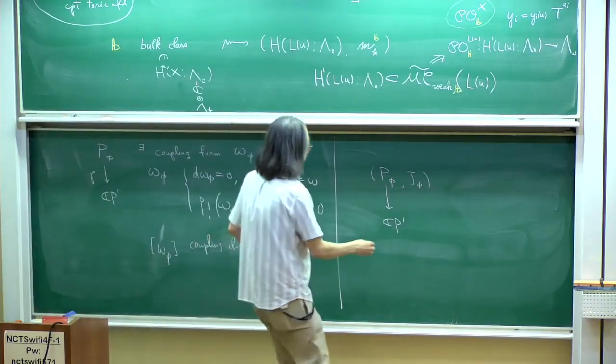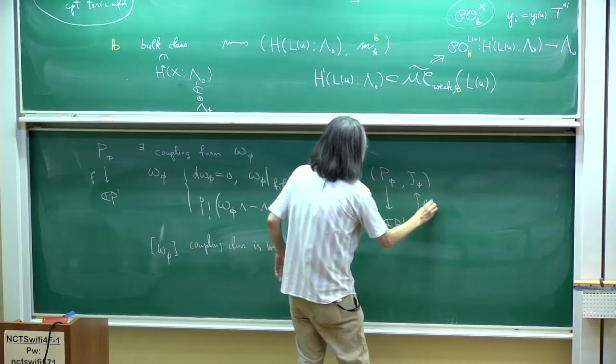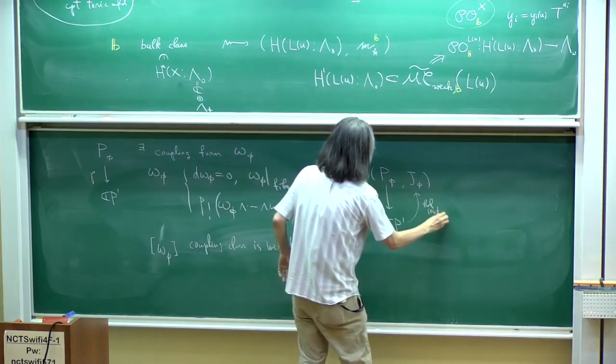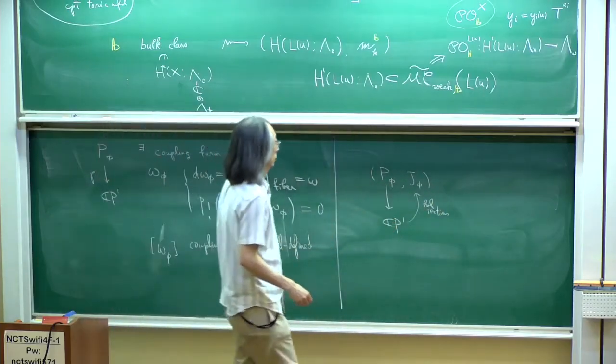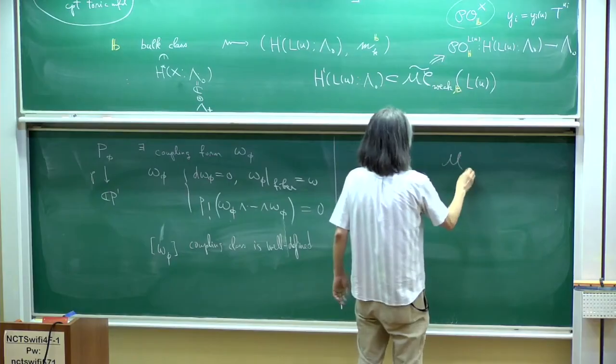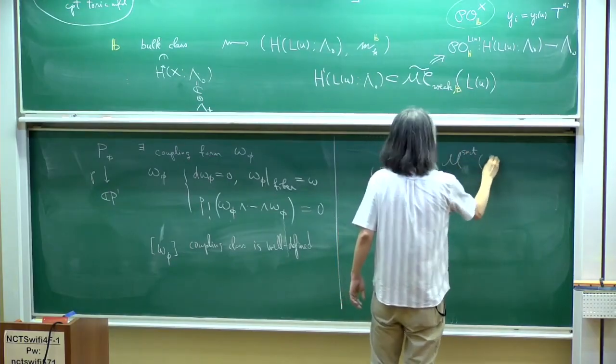Now you may consider holomorphic sections of this. So now we consider the following: this is M and a section class of this P phi.